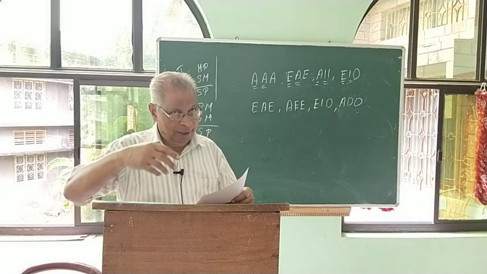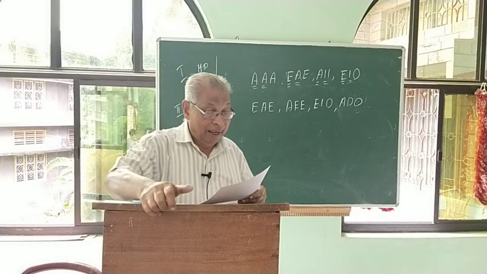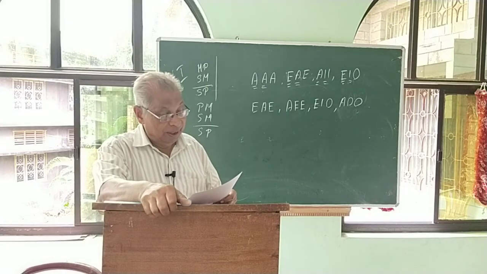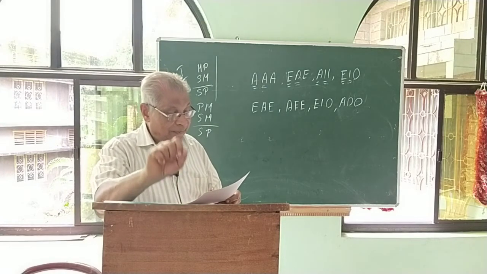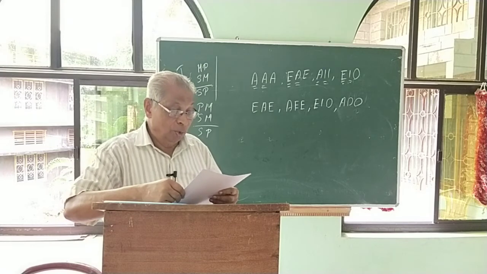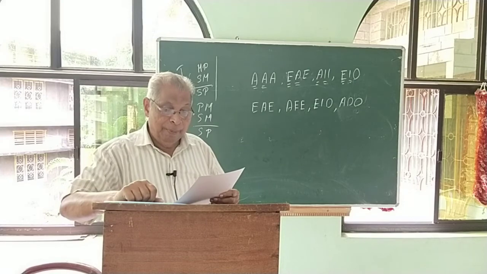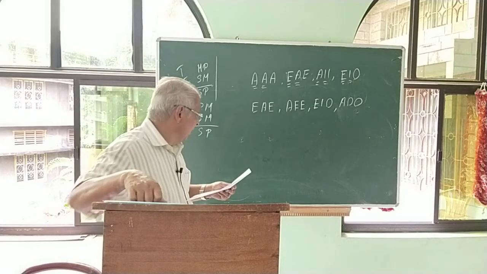Now, let us apply the rules and see whether they are found applied with regard to the second figure. What are the rules? One premise must be negative, and the major premise must be universal.